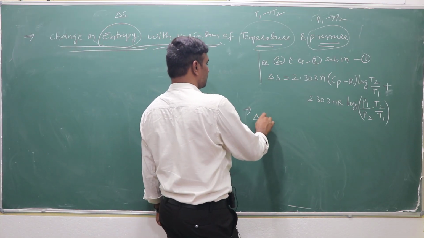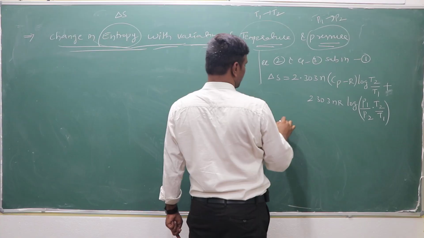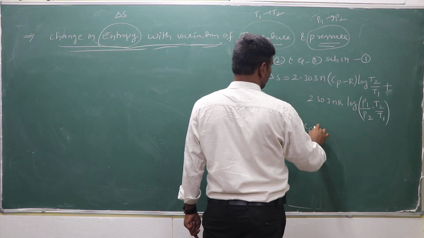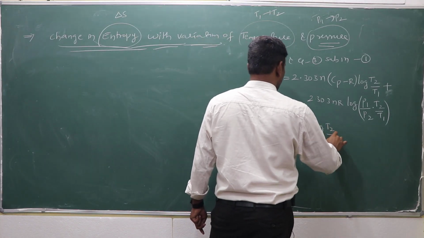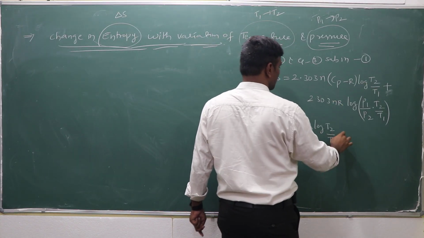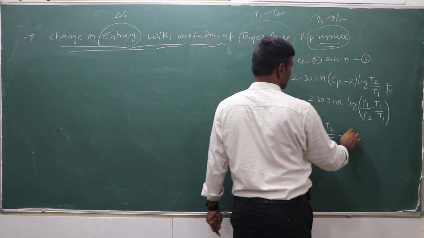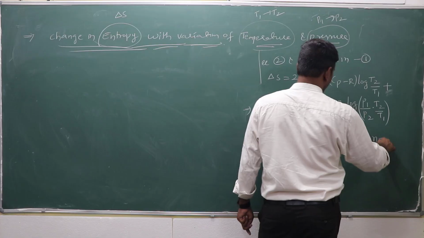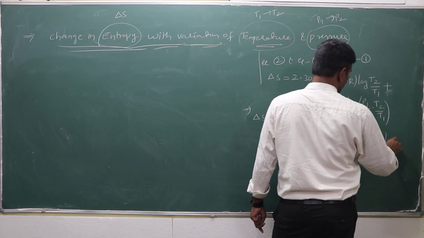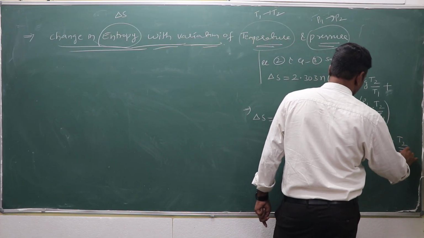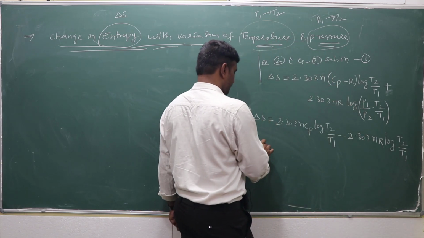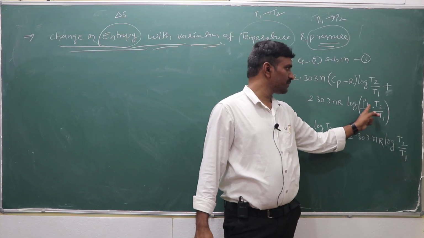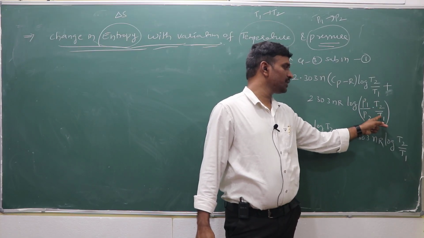So delta S is equal to 2.303 nCp log T2 by T1 minus 2.303 nR log T2 by T1 plus, on simplifying, we write log of A into B form: log P1 by P2 into T2 by T1.